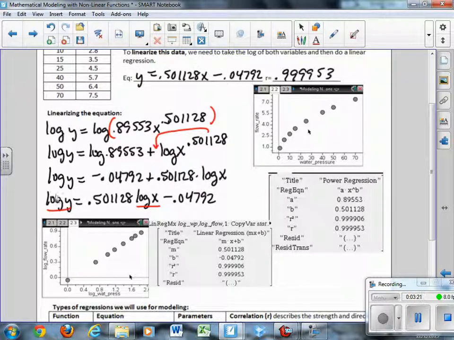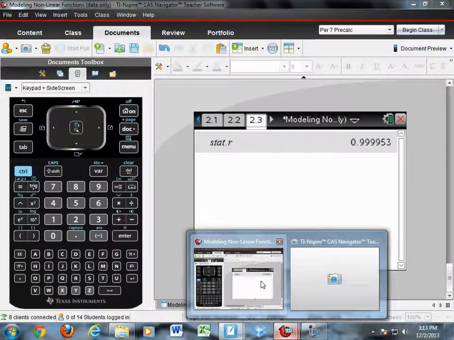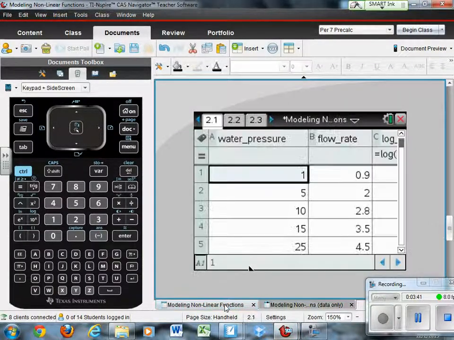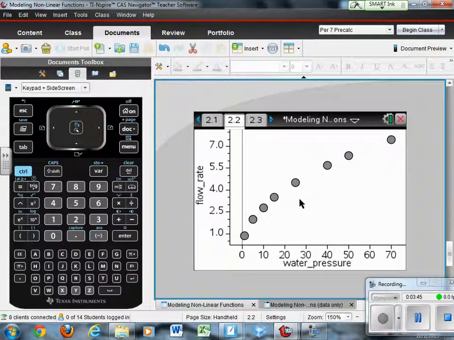So notice we have this in linear form. Here's the slope, here's the y-intercept, but instead of x and y we're taking log of x and log of y. So if I were to take log of both of these variables, the data is very straight. I'm going to show you this on my calculator here. So there's my original graph between water pressure and flow rate.